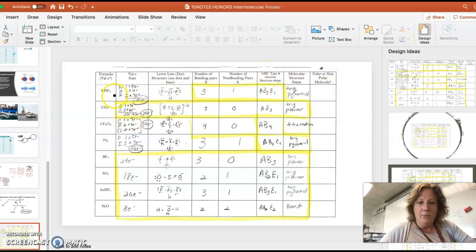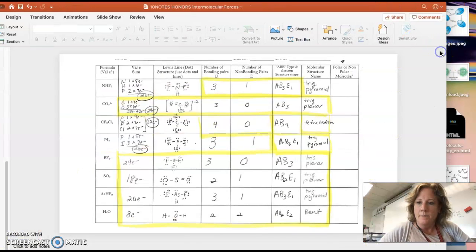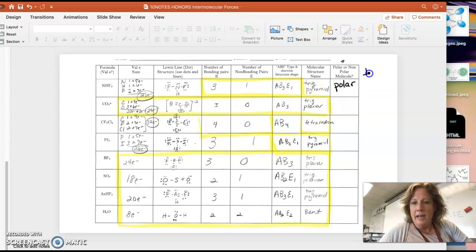So in this worksheet, let me get this a little bit bigger for you guys. This first molecule is trigonal pyramidal, so it's automatically going to be polar. If I were to add a column of the strongest IMF that would be present, as long as it's in the condensed state of matter, which would mean it's a gas or a solid, then I would go to that chart.